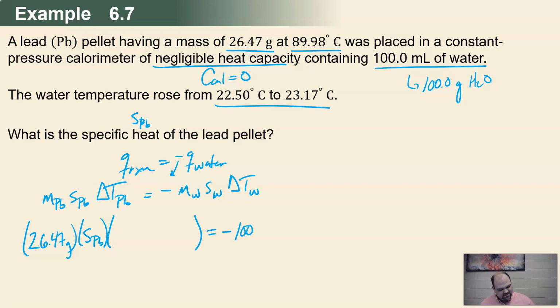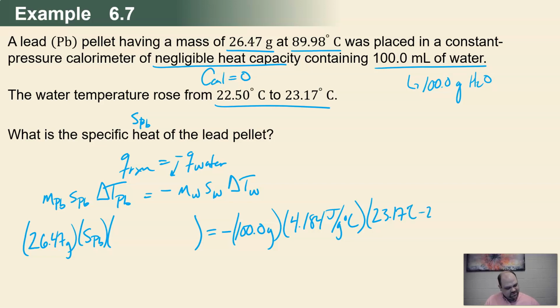The mass of the water, 100 grams. The specific heat of water was given earlier, 4.184 joules per gram degree C. And the temperature change for the water, 23.17 minus 22.50 degrees C.